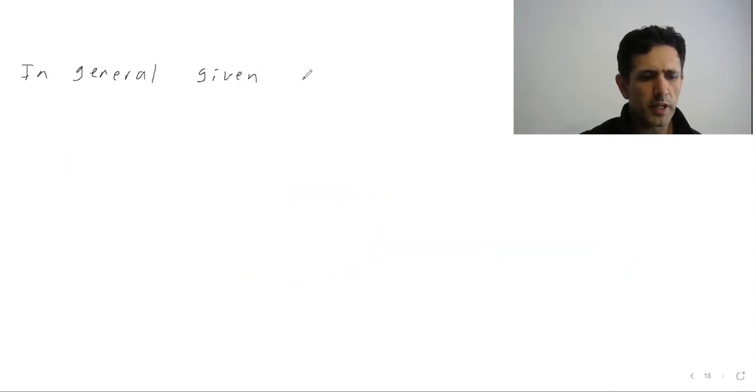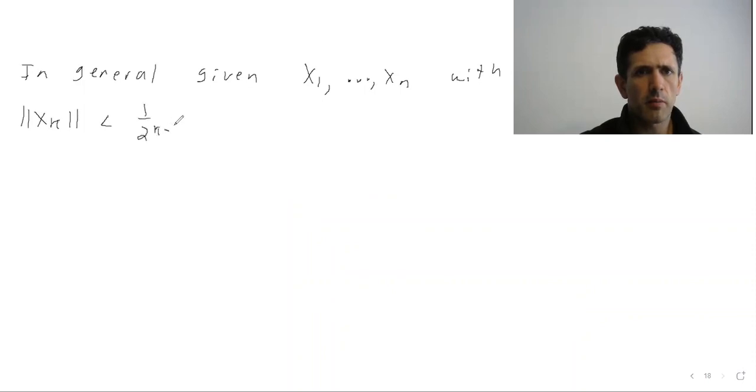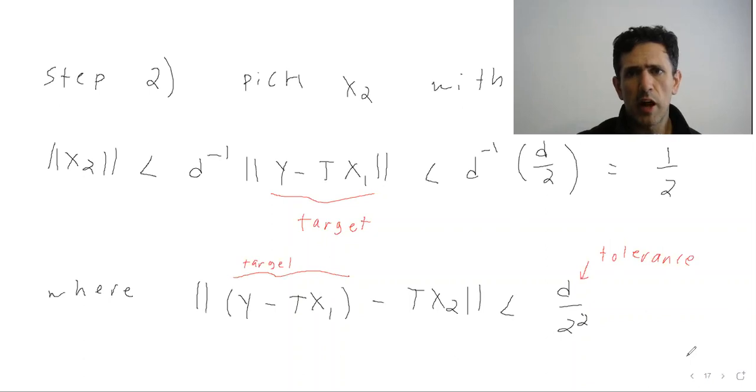So in general, for given x1 through xn, I just did the case n equals 2, where the norm of xk is less than 1 over 2 to the k minus 1. We did n equals 1 and 2, really.